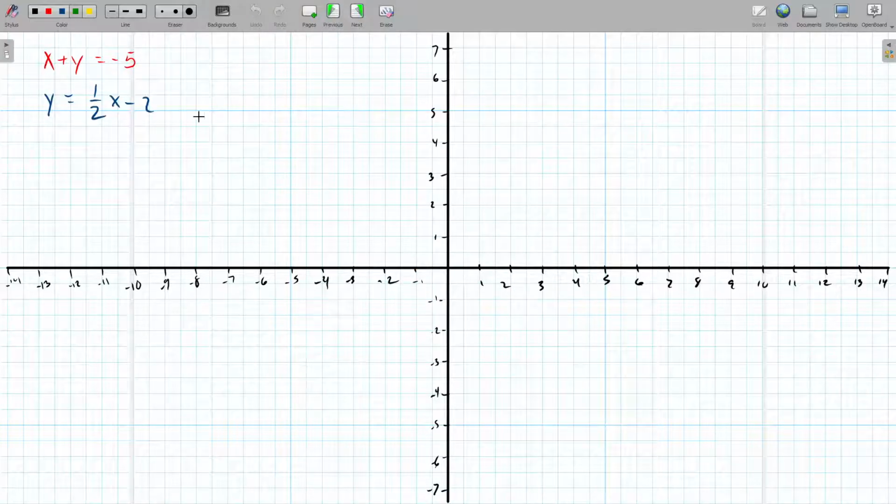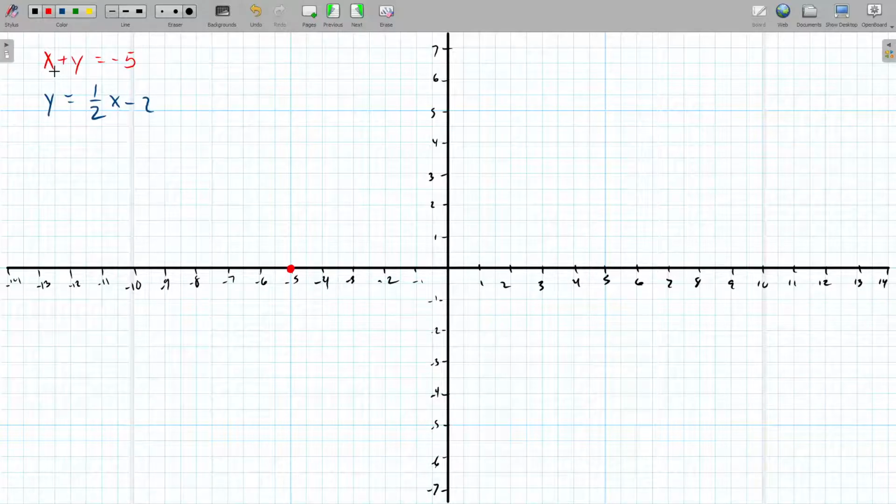All right, let's look at another example. Our first equation is x + y = -5. So this is written in standard form. We can graph easily in standard form if we look for the x and y intercepts. I can look at when y is equal to 0 and get x is equal to -5.